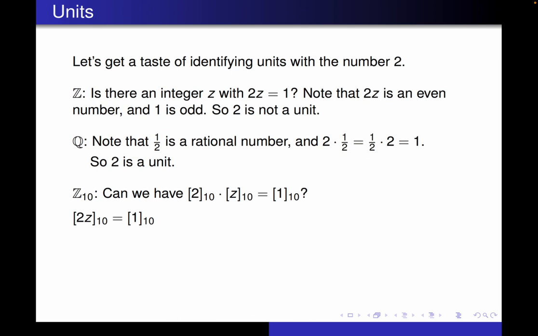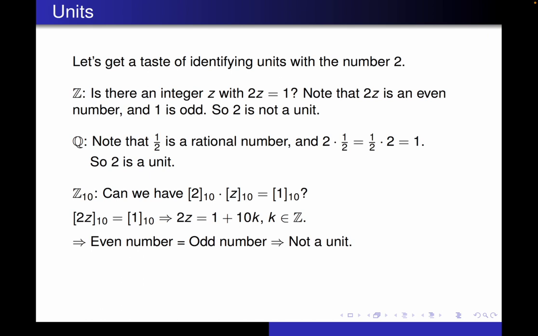And in order for the congruence class of 2z to equal the congruence class of 1, that means that 2z has to be congruent to 1 mod 10. What does that mean? That means that 2z is equal to 1 plus a multiple of 10. And once again, on the left side, you have an even number, 2z. On the right-hand side, you have an odd number, 1 plus an even number, 10k. And so that can't happen, which means that 2 is not a unit.